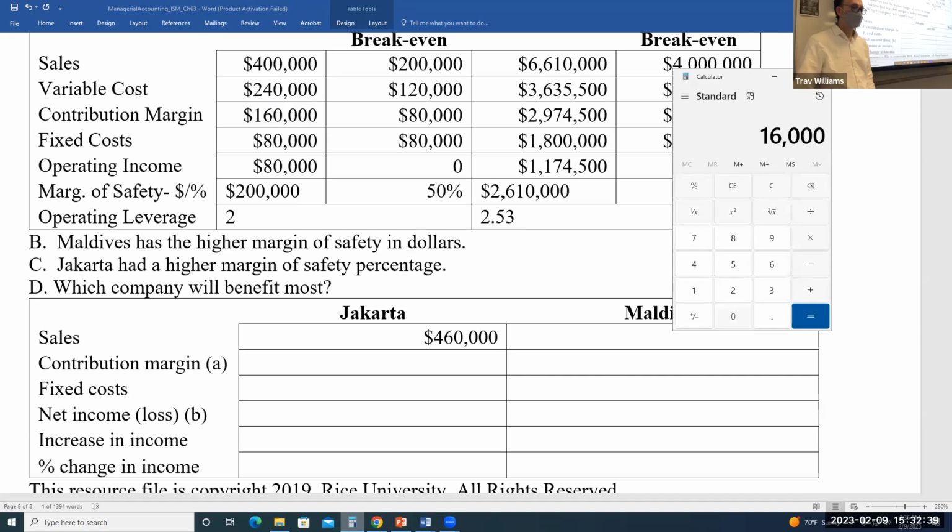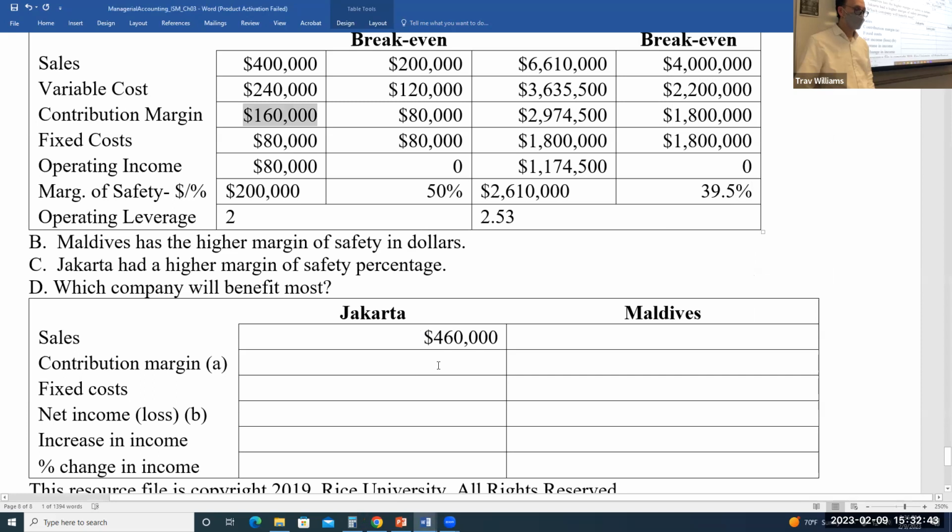So 160,000 times 1.15, 184,000. Fixed costs are going to stay the same, which means our net income is going to be 104,000. That's an increase compared to 80,000 of $24,000.